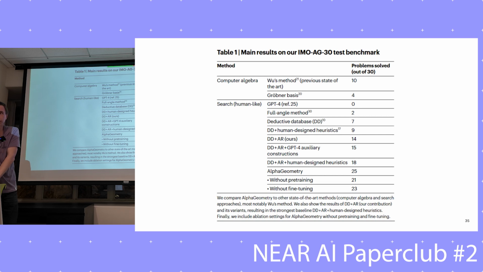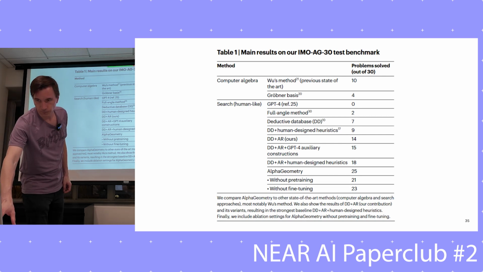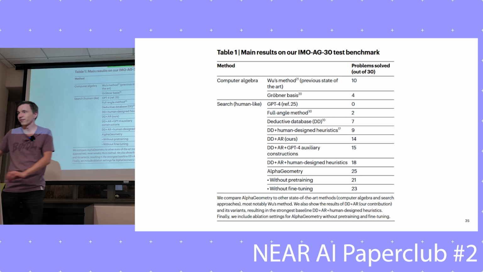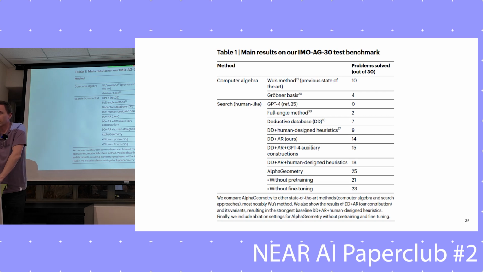I don't think I have slides for those, but I think some of them were completely out of reach. And for some of them, it was missing constructing something, but if you introduce it, it would immediately solve it. Is there a correlation between the problems that the humans can solve and the problems that AlphaGeometry can solve? That I actually don't know. They might have mentioned it, but something interesting they mentioned is they looked at the number of people who solved the problem, right?